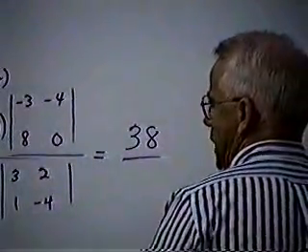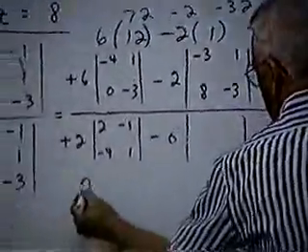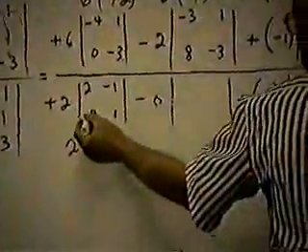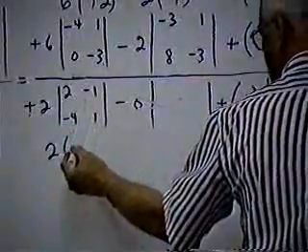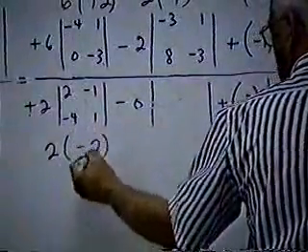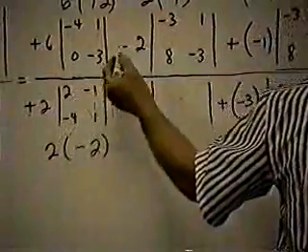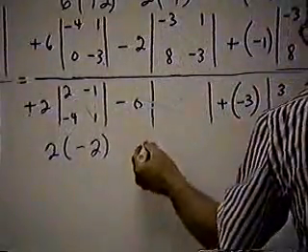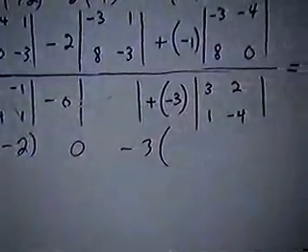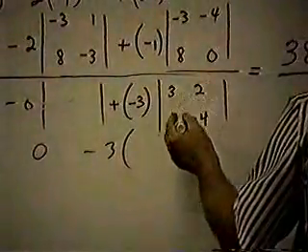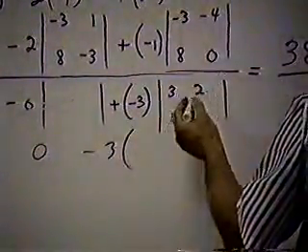All right, let's do the denominator. Denominator would be 2 times, multiplying down is 2, multiplying up is a positive 4, but we change the sign to a minus 4. So multiplying down is 2, minus 4 is a minus 2, 0. Minus 3 times, multiplying down is a minus 12, multiplying up is a minus 2, remember, change the sign.